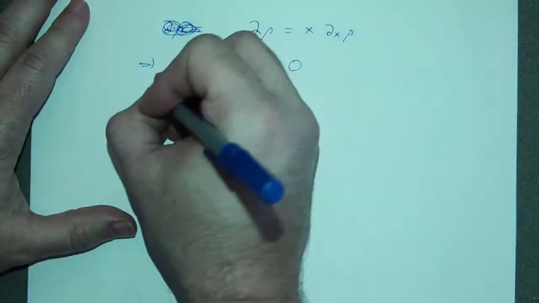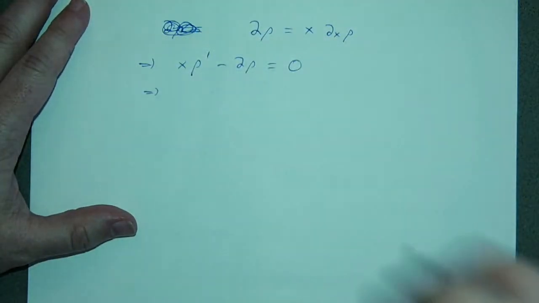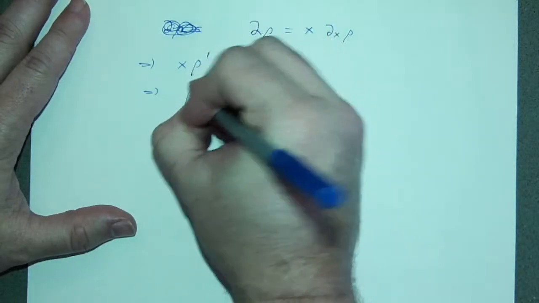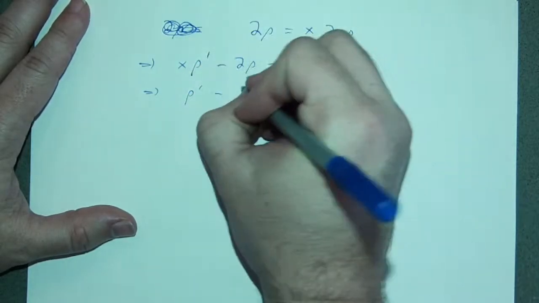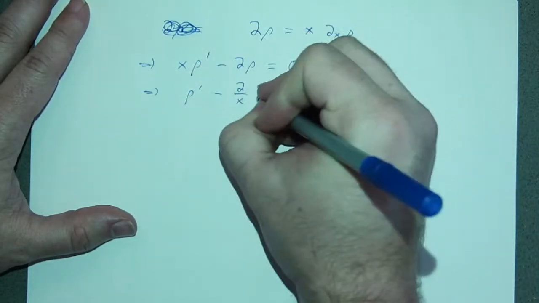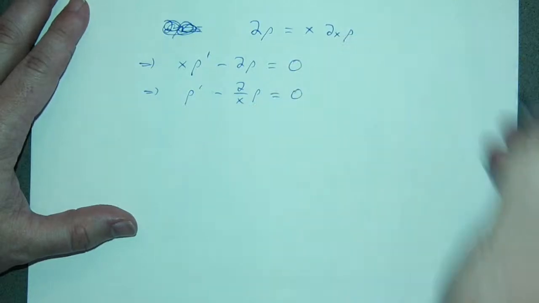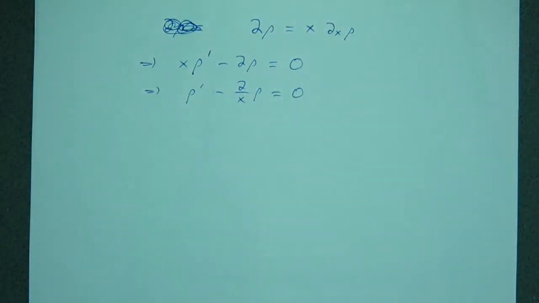Let's put this into standard or linear normal form if you like. So this is rho prime minus 2 over x rho is equal to 0. Okay. All right.